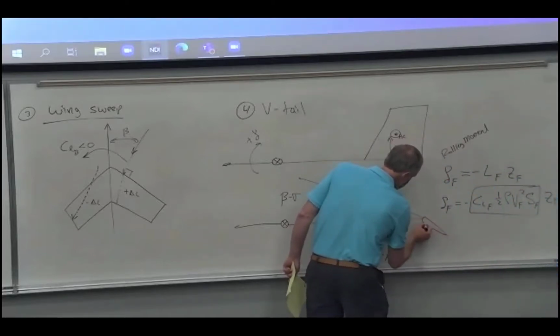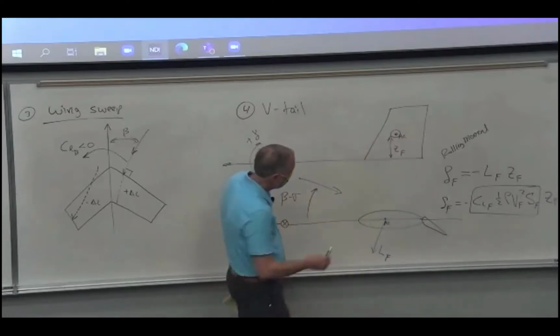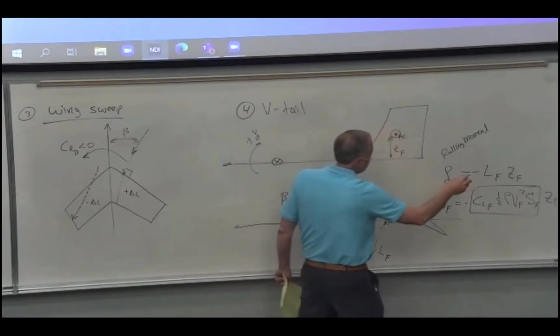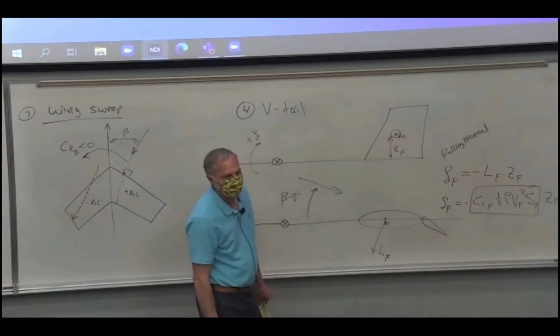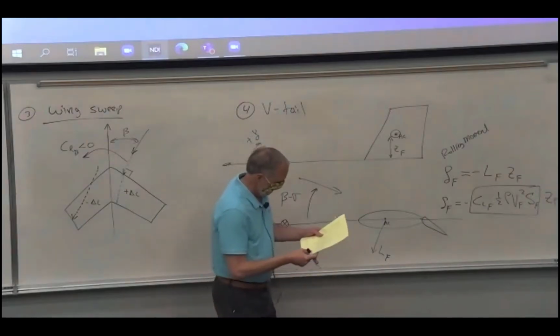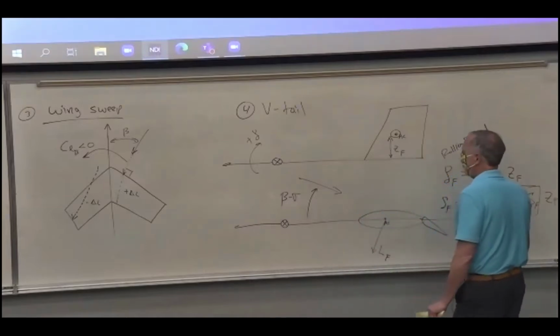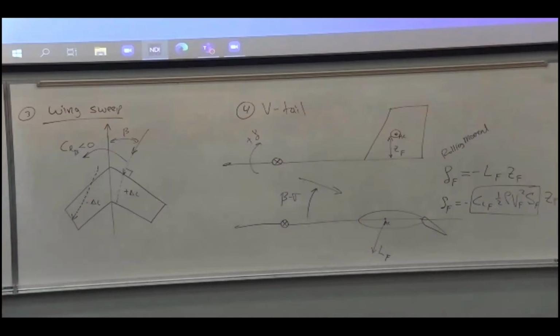In the roll due to the rudder, that's what you're doing. If you have that positive rudder deflection, you're going to force this direction, which is into the page there, which is in the positive direction here, times that moment arm. So all we need to do to complete this is to fill in what CLF is. Let me do that over here in the wing sweep section.